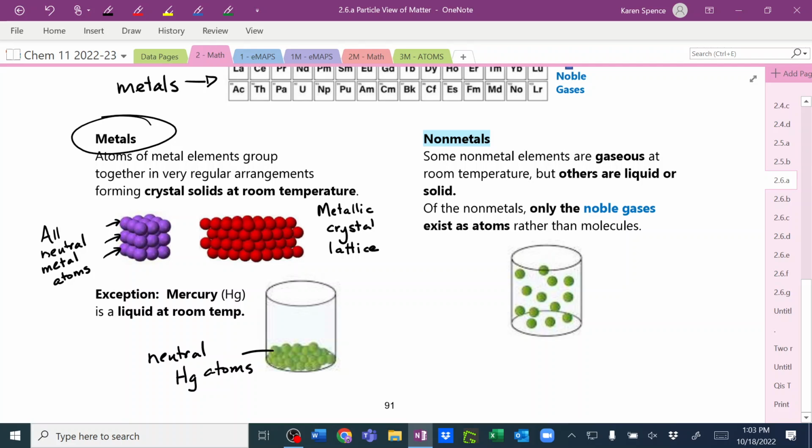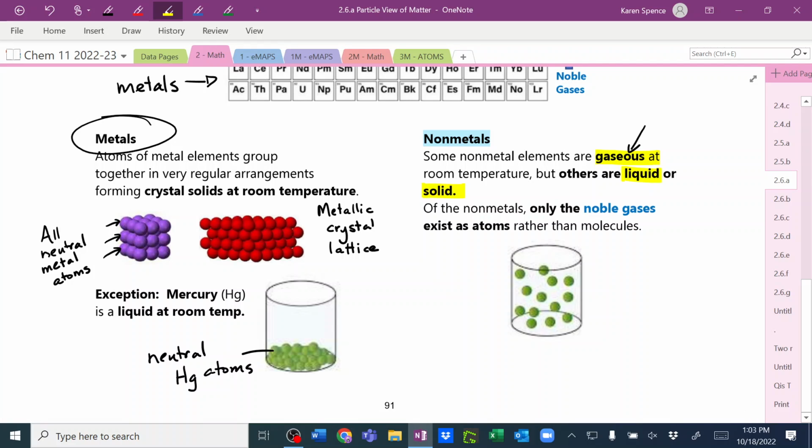All right, non-metals. Non-metals, some of them are gaseous, but others are liquid, and others yet are solids. And it really depends, there's much more variation.